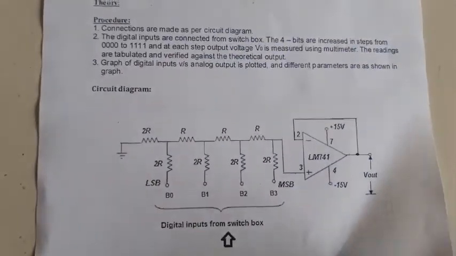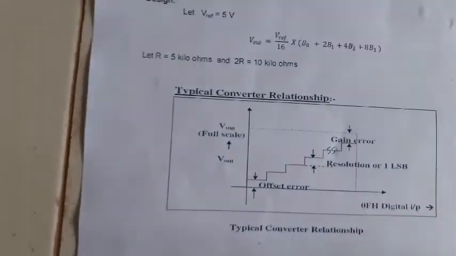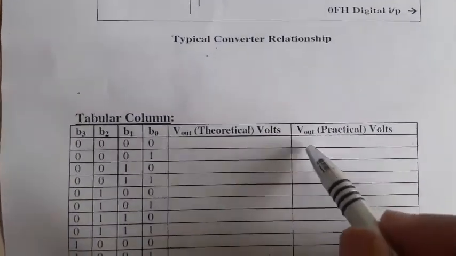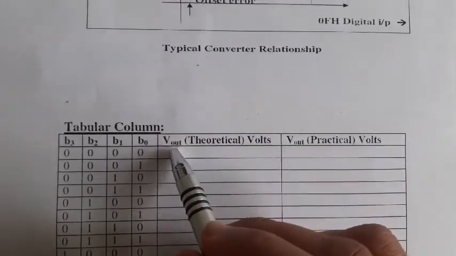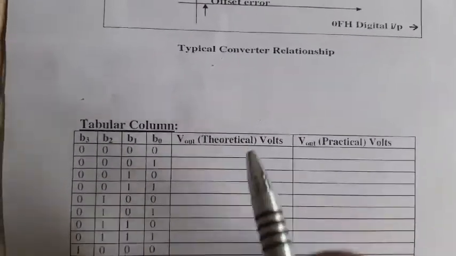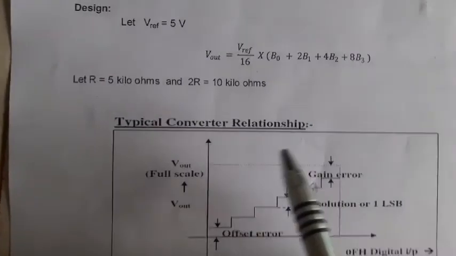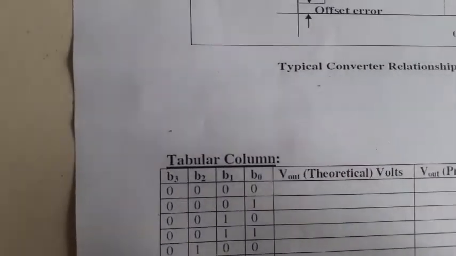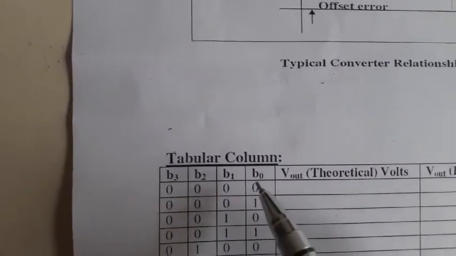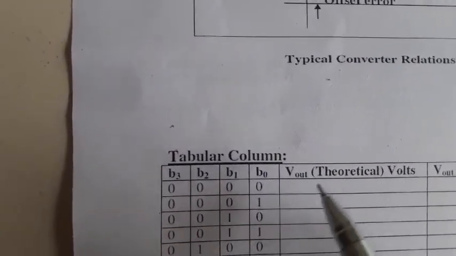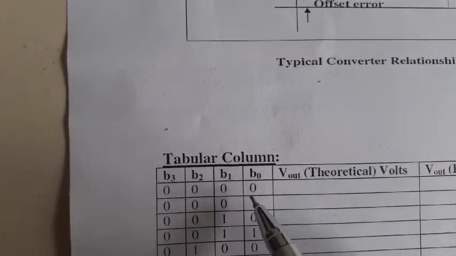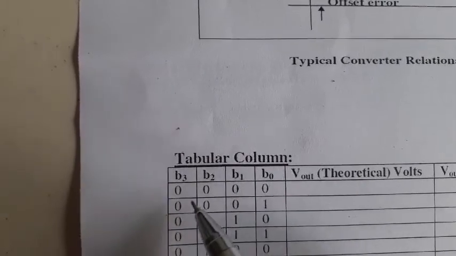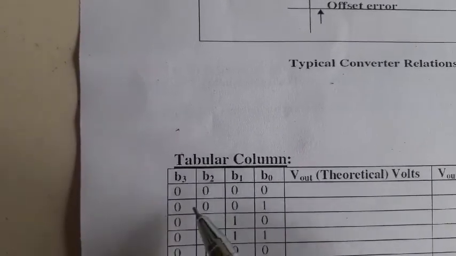Now, before going for practical output voltage, let us calculate its theoretical output voltage by substituting in this Vout formula. For our first reading, to calculate the first theoretical value, all the bits are 0.